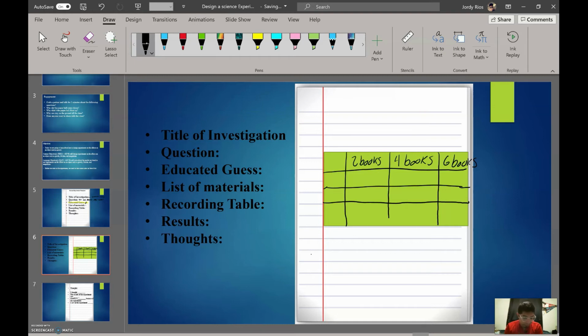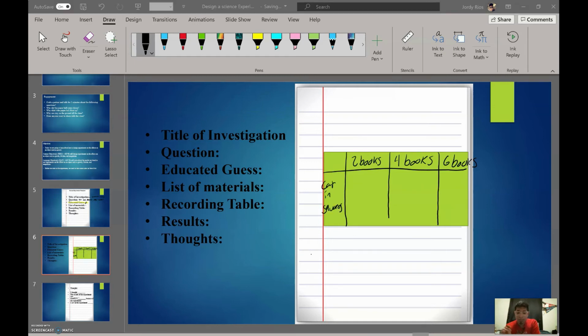Oh wait, hold on. Sorry about that. So I want you to put in this column 2 books, then the next one 4 books, then the next one 6 books. So you're going to write car in squares.